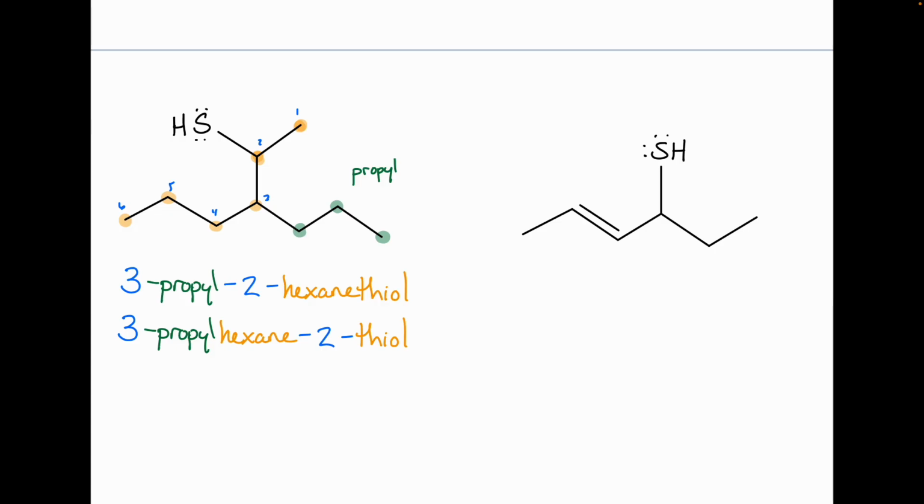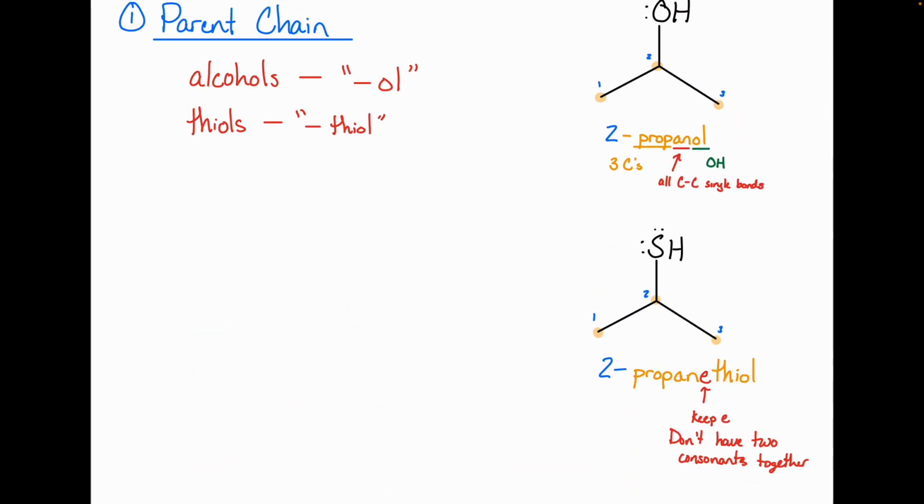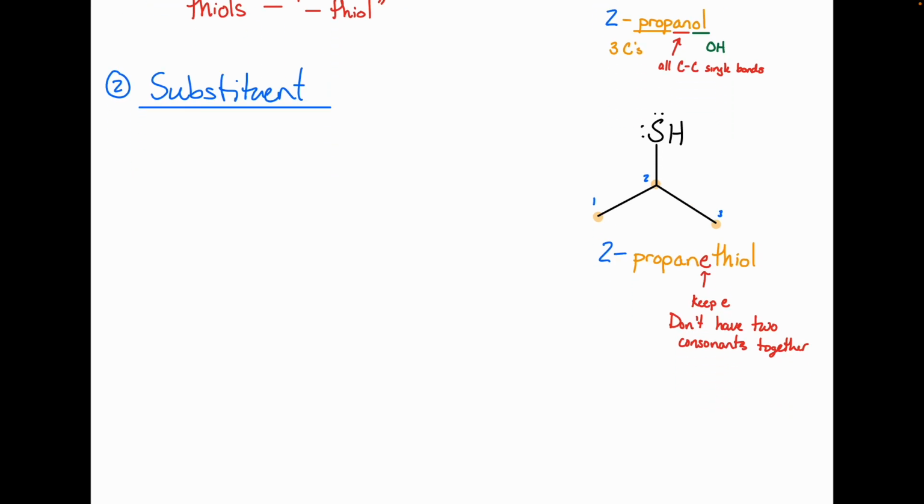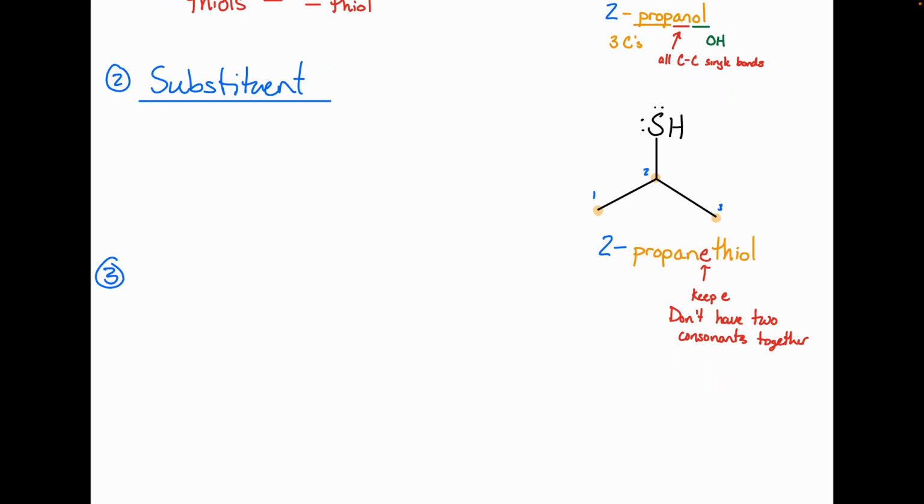All right, so first of all, I'm going to find my parent chain here, my longest continuous set of carbons. We had these other steps here, so just to be good, the next step was to find and name our substituents. We don't have any for this one, but that next step was to number our parent chain.